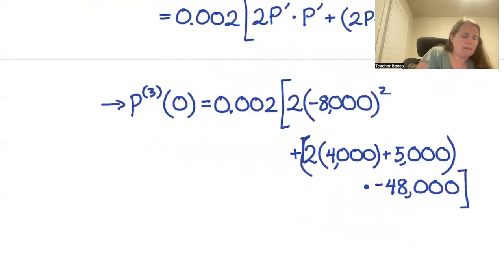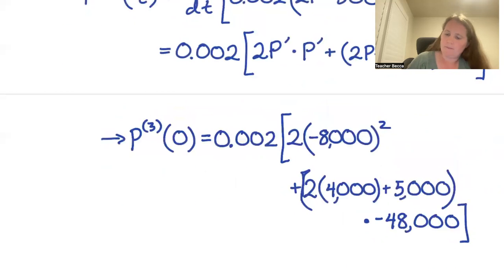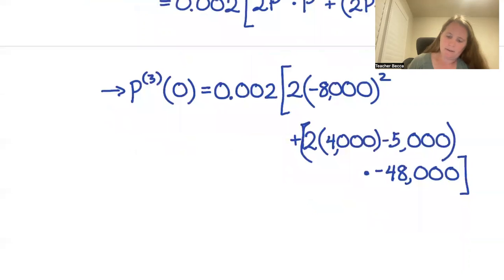If we plug this into our calculator, we have 0.002 times 2 times 8,000 squared, plus 3,000, times negative 48,000. And that gives me negative 32,000.